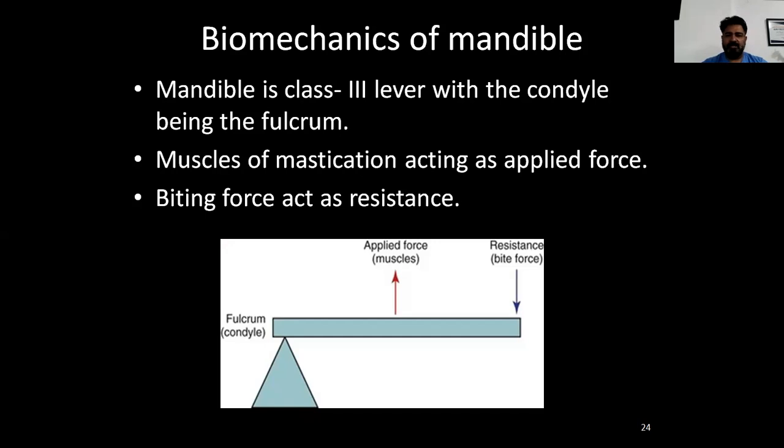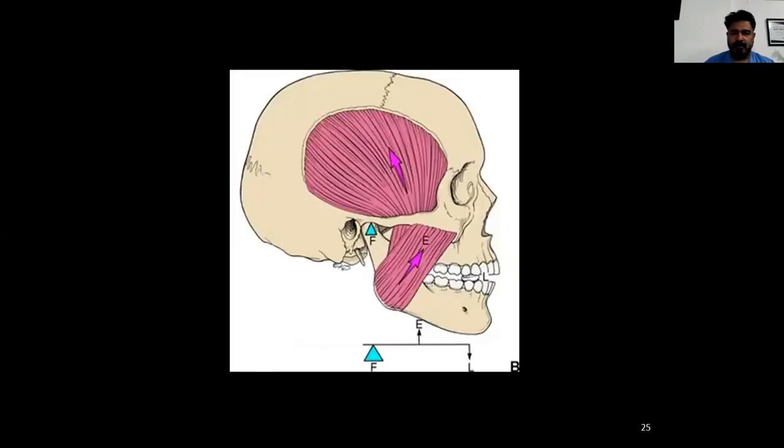So the biomechanics of the mandible is a class 3 lever with the condyle being the fulcrum. The muscles of mastication act as the applied force, and the biting force acts as the resistance. So you can see the class 3 lever principle. The fulcrum is here, at the condyle, with the applied muscle force and resistance just opposite to that, like this. Can you see this? This is the fulcrum, this is the effort arm, and this is the loading arm.